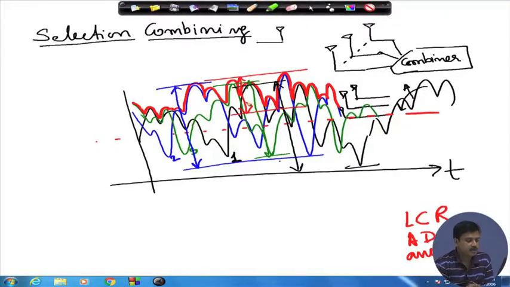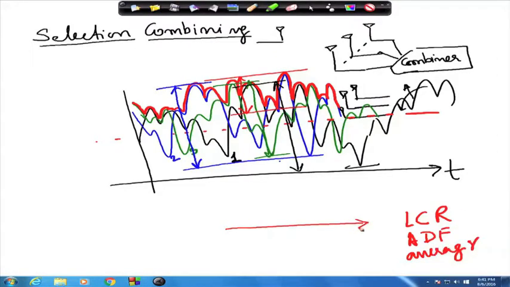If this axis is the mod of the received signal squared, then for the blue, black or green one, the signal is fluctuating a lot in this range, whereas the red colored signal, that is after combining, fluctuates less in this range. The peak is similar, but the lower range has reduced.